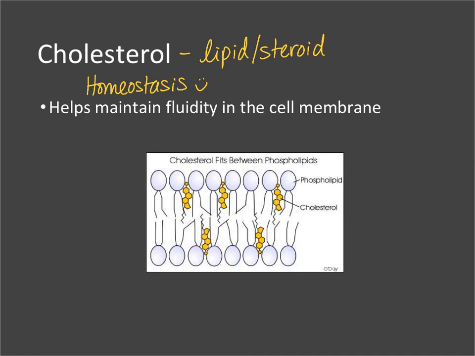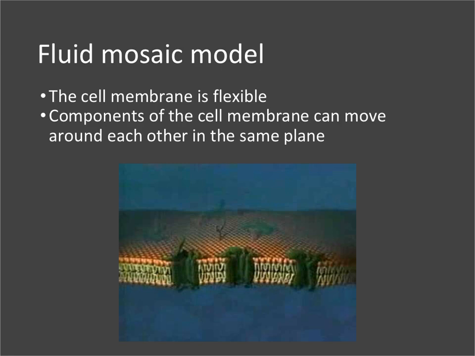One reason why we need cholesterol in our body is because it helps to kind of maintain the fluidity of the cell membrane. So that means that you can kind of think of this as the flexibility of the cell membrane. So we want the cell membrane to be not too rigid, but also not too flexible. So there's a balance, and the cholesterol helps to maintain that flexibility and that fluidity. The cell membrane is known as a fluid mosaic.